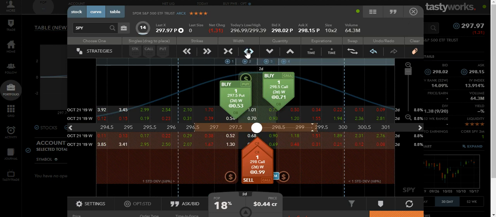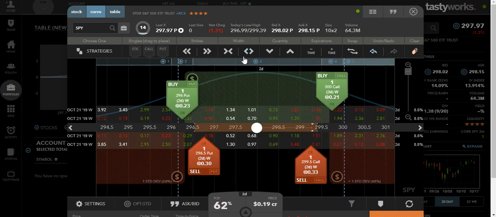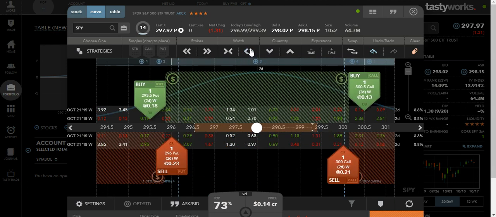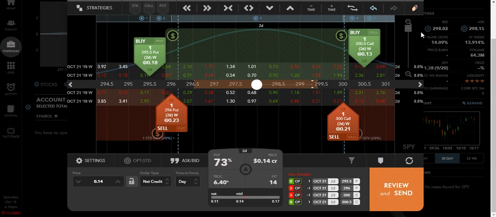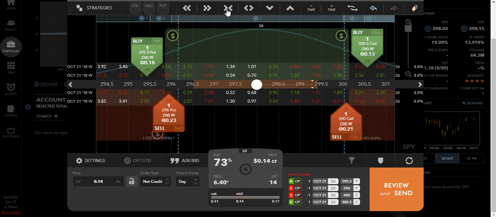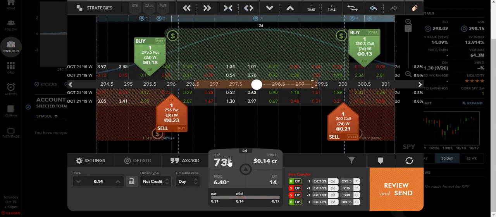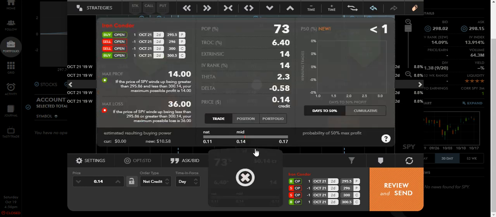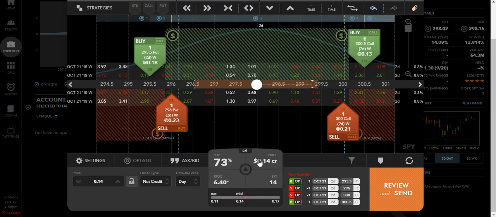And if you're not in here looking to gamble and you actually want to invest your money and try to make a good return on your investment, and you're using the Tastyworks platform, which does all the calculations for you, you just want to keep these trades at 73%, or 68 to 80% is a really good probability of profit range.